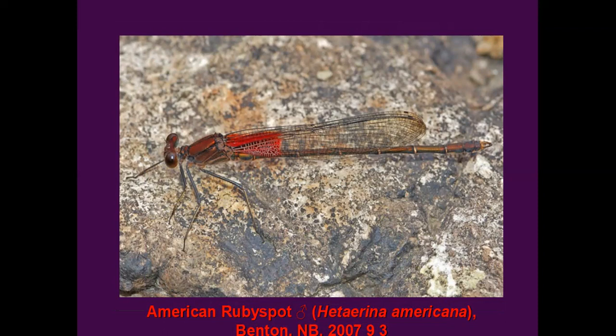It's a spectacular damselfly with a metallic red thorax and 4 wings. It's found in the southwestern corner of New Brunswick, but it does seem to be spreading north. So it may show up in the Miramichi one of these days. That's the American ruby spot.